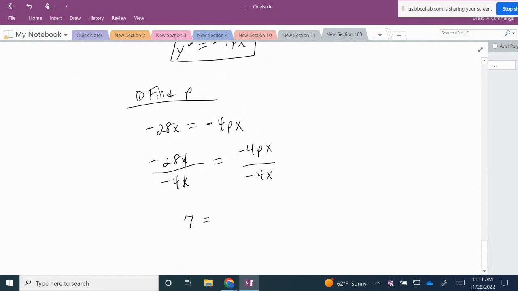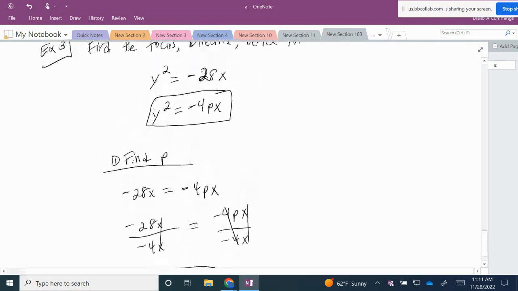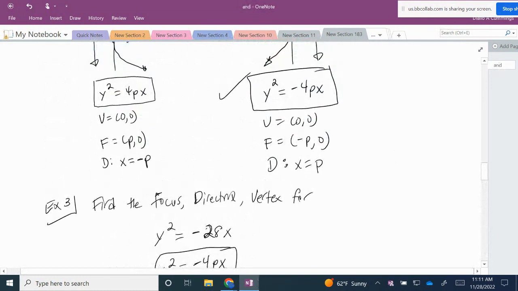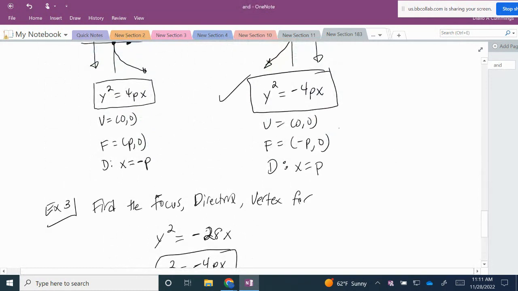So negative 28 divided by negative 4 is 7. On the right hand side, we're left with p. So 7 is equal to p. So now we're simply going to substitute 7 for p, right, in this model form.